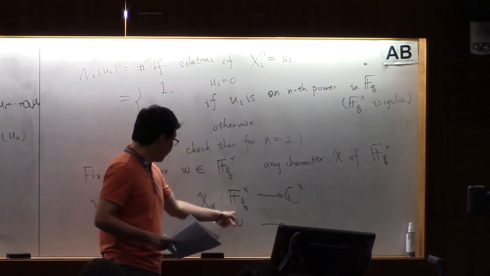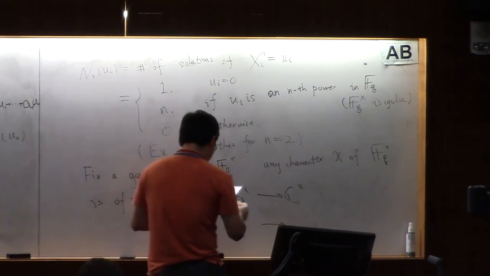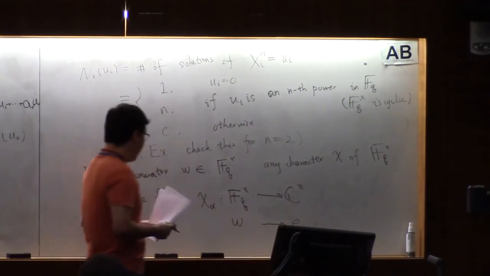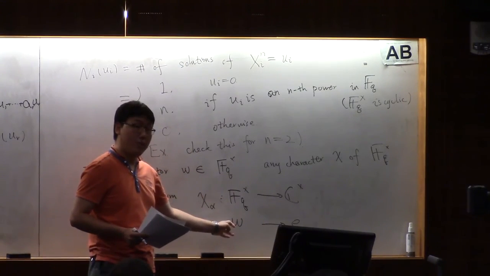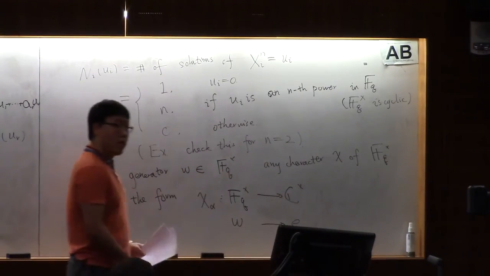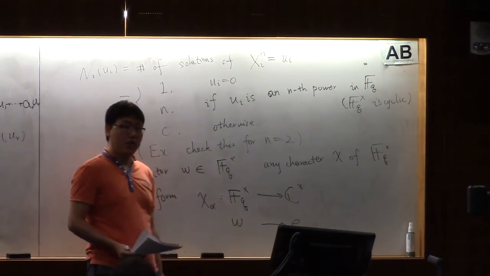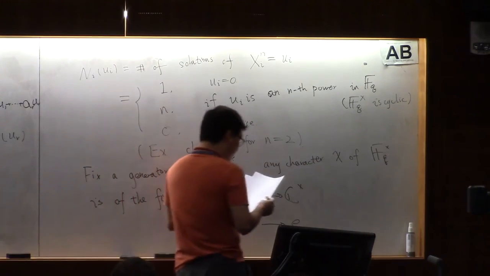And because this omega is a finite order element of order q minus 1, the value of the character at this generator should have order at most q minus 1.